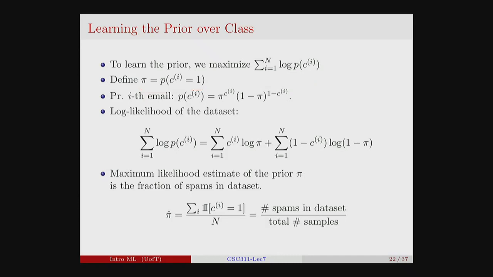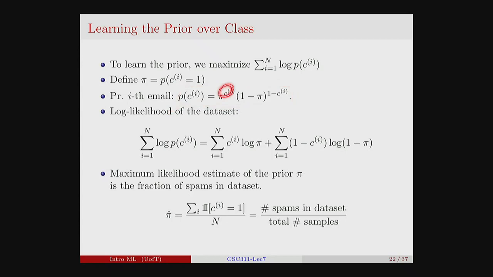And so the probability that the ith email is spam can be compactly written as this probability. And remember, this is back from our example of coin flipping. This is nothing more than the probability distribution of treating the probability of spam as a Bernoulli random variable. And so this is the likelihood of the Bernoulli random variable, regardless of its assignment.